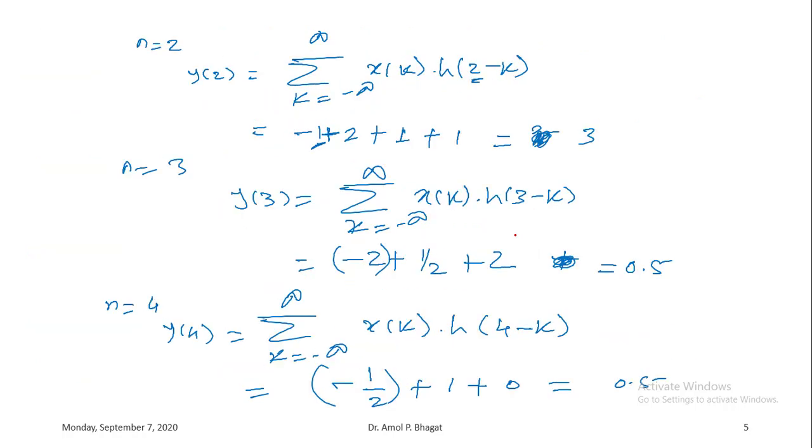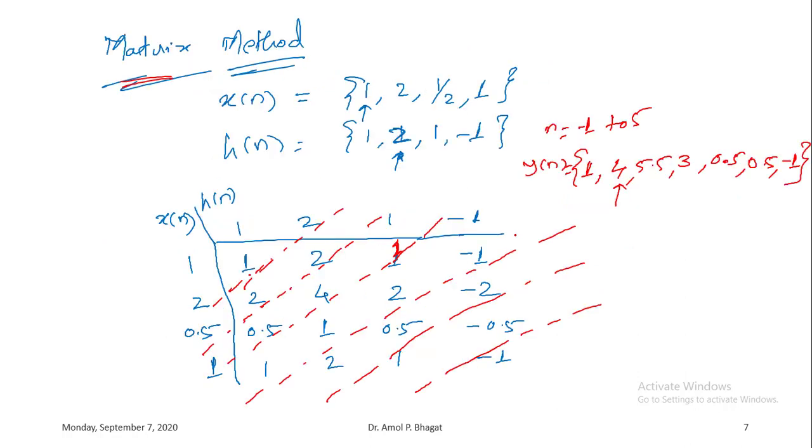And if it is asked for 2 marks, then you can use the matrix method to identify the response of the system by using convolution, right? So in today's session we'll discuss the tabular method and matrix method for identification of the response of the system by using convolution summation.